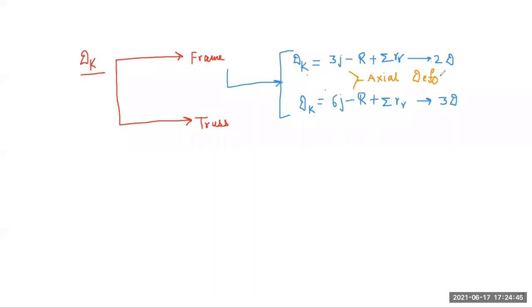When they give that axial deformations are neglected, then you apply this formula for your rigid jointed frame structure for the 2D case and 3D case.